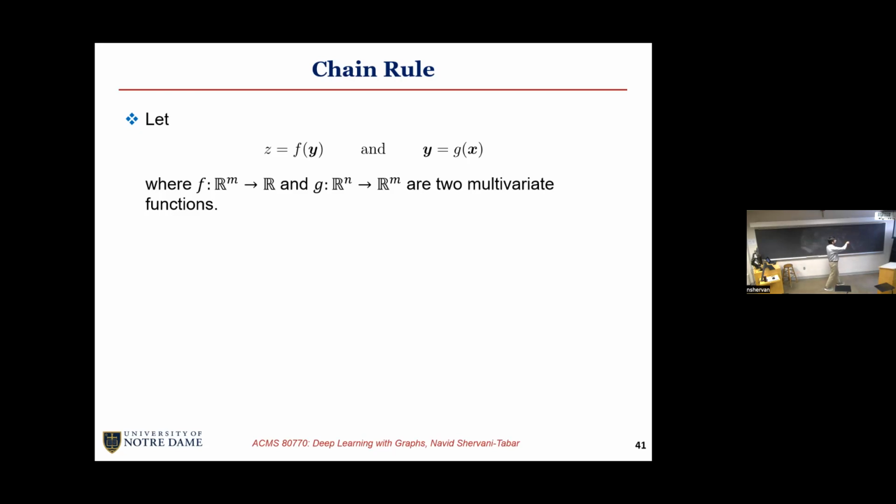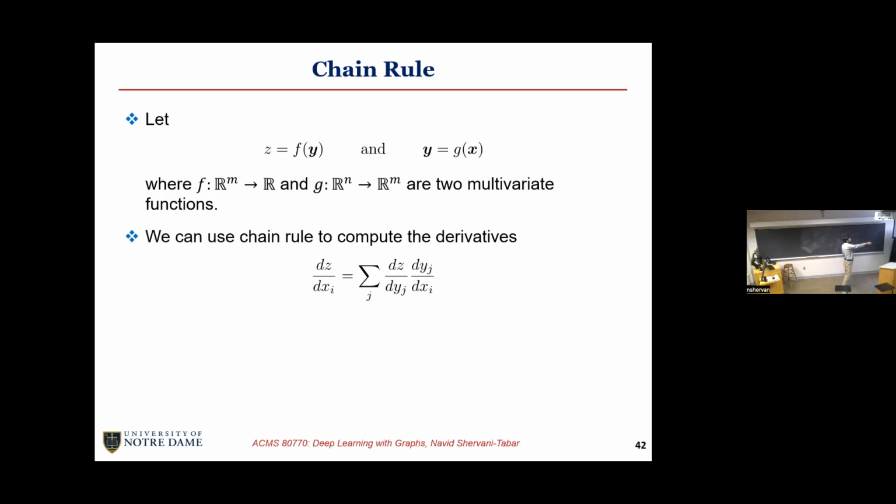And now what I want to do is to compute the derivative of this z with respect to our initial input x. I can write this in index notation. I can write it as derivative of z with respect to each dimension dx_i. And I can write it as a sum over all dimensions j of y, dz over dy_j, times dy_j over dx_i, right?